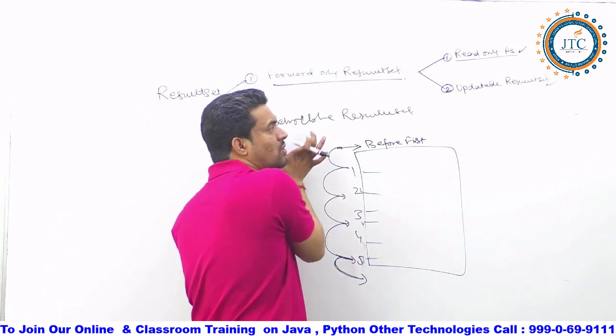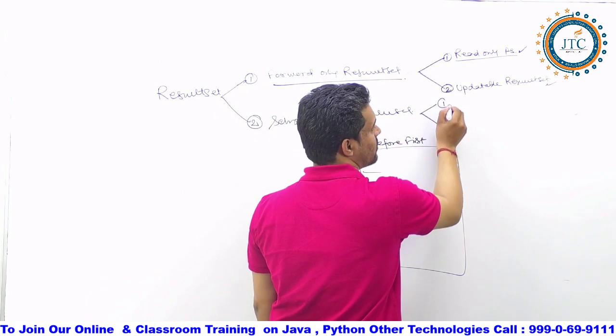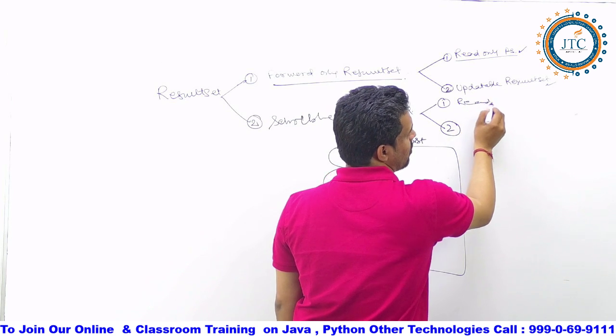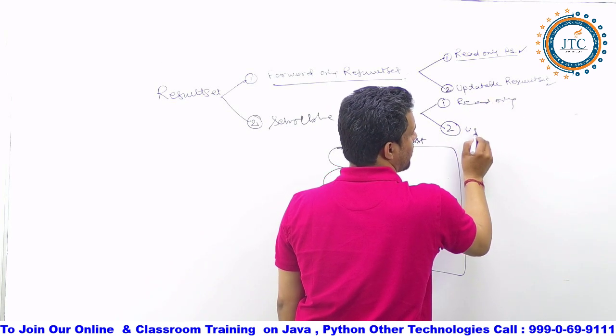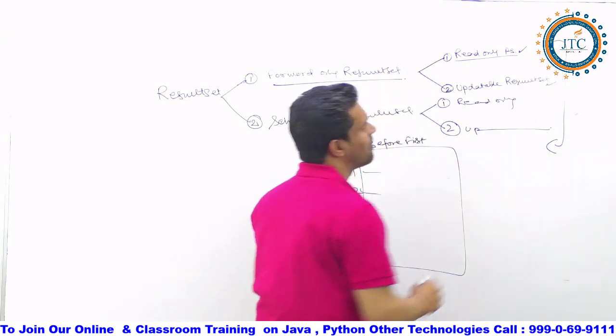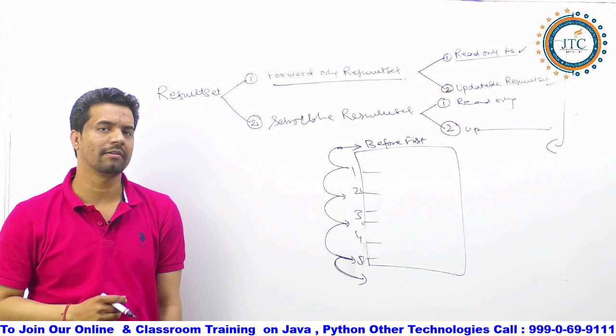Similarly, in the case of scrollable ResultSet also we could have two different types. One is again read only, and the other is updatable ResultSet. This is the basic type of ResultSet we have.